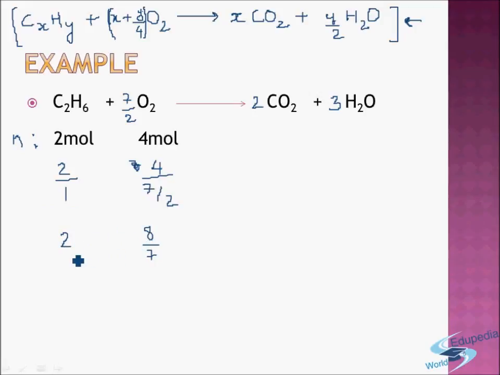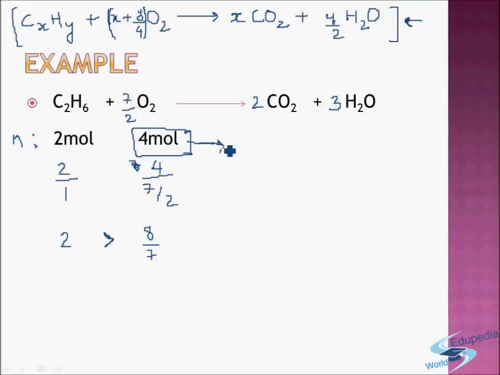The last step is to see for which substance the ratio is lower. 2 and 8 by 7, which is 1 point something, so 2 is greater than 8 by 7, that is, the ratio is lower for oxygen. This implies oxygen is going to be our limiting reagent.